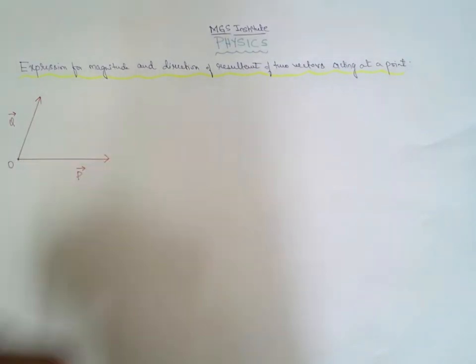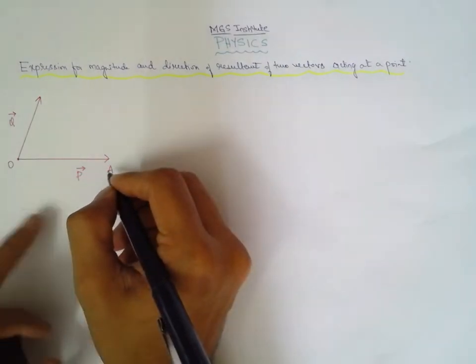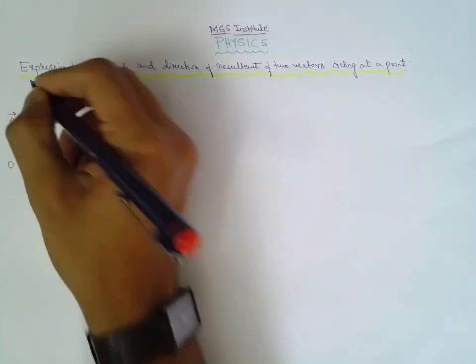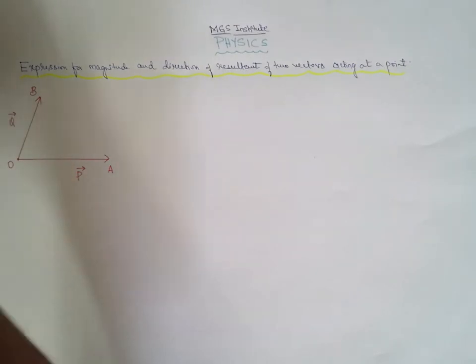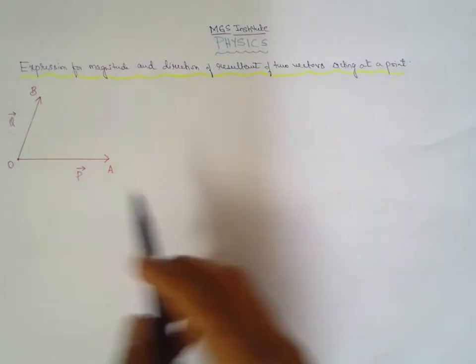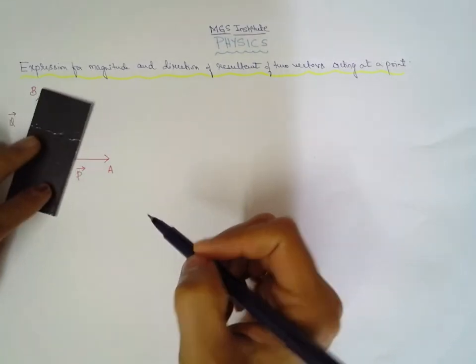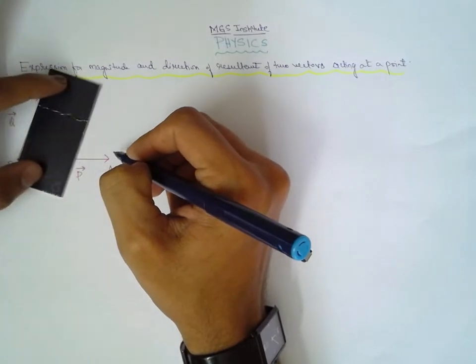Let the point be O. Let OA be vector P and OB be vector Q. Next, we have to complete the diagram to make a parallelogram. I will take a line parallel to vector Q at this end.